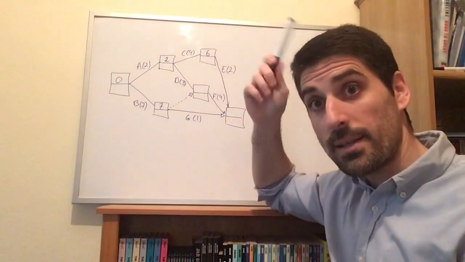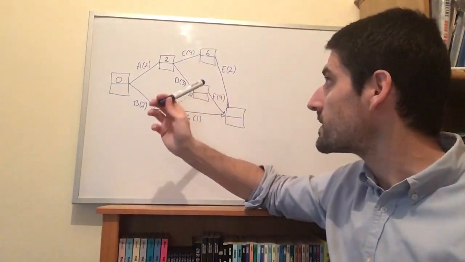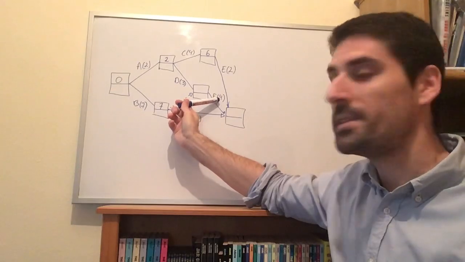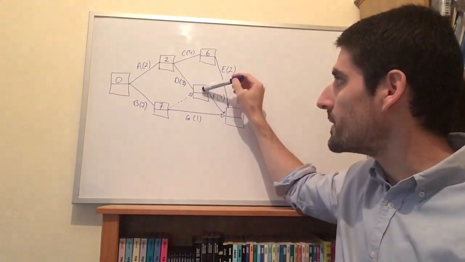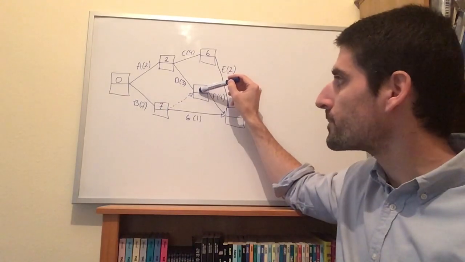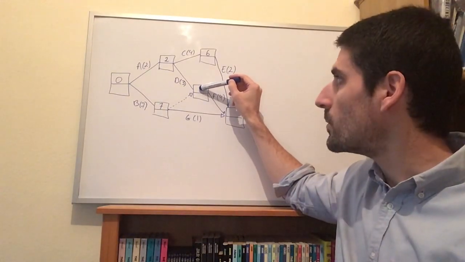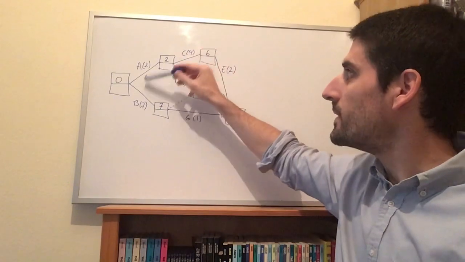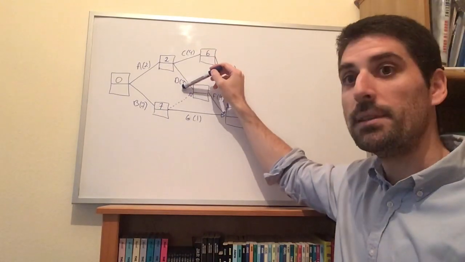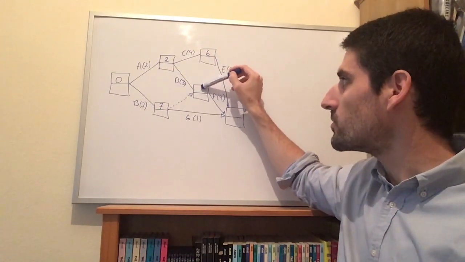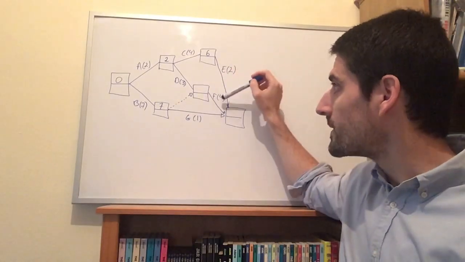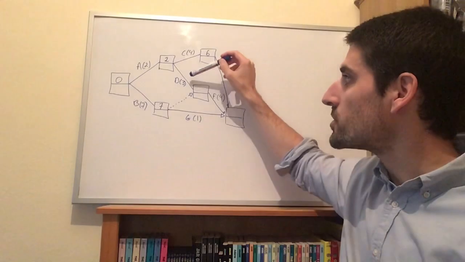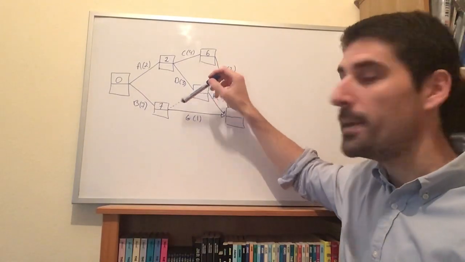What's the earliest, think about it, what's the earliest I can start activity F? Well, it's going to be this number here. And you're going to think, well, activity A takes 2 hours, activity D takes 3 hours, so that's going to be a 5 there. But remember, activity F depends on D and B.